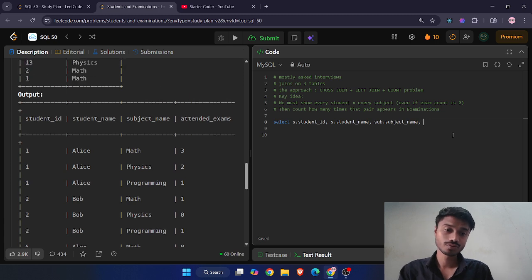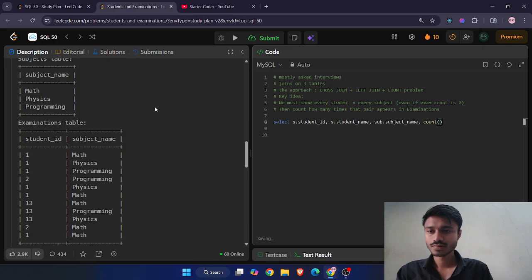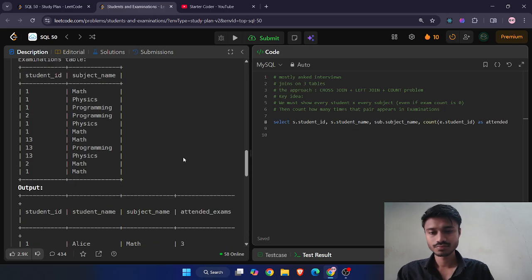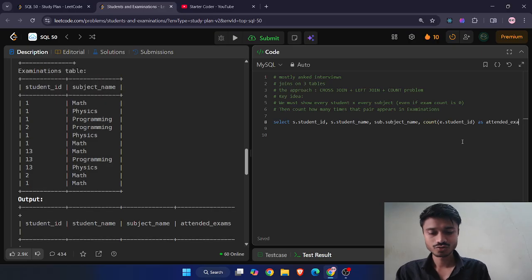And the last column is a count. We need to count the examination e.student_id as attended_exams.